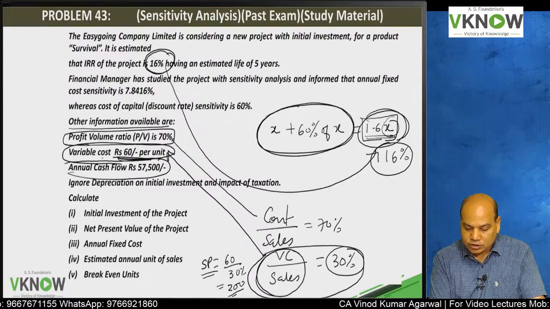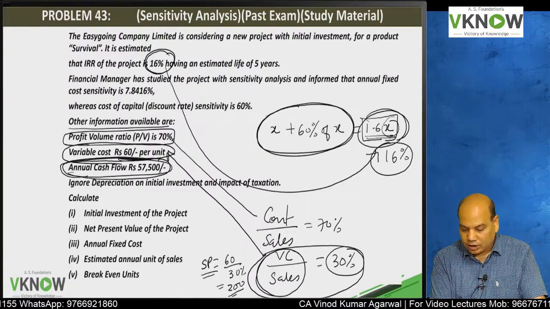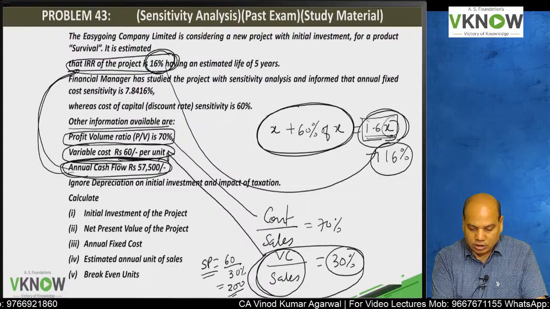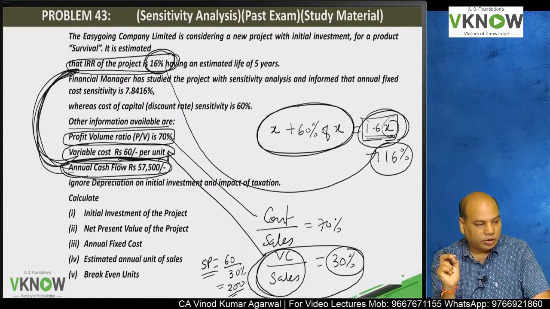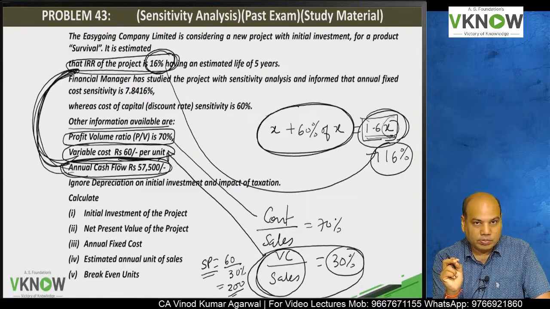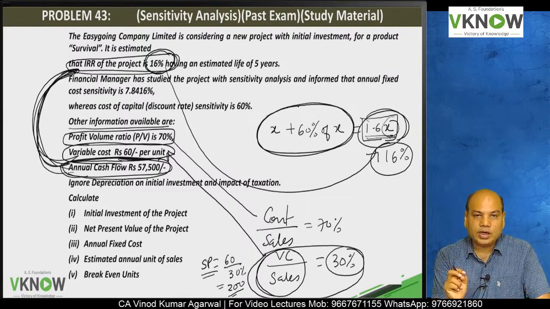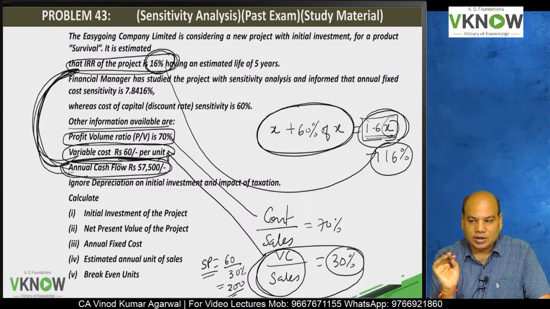Annual cash inflow is 57,500. If annual cash flow is discounted at IRR of 16%, that will give me PV of cash inflow. But PV of cash inflow is equal to PV of cash outflow if the discount rate is IRR.